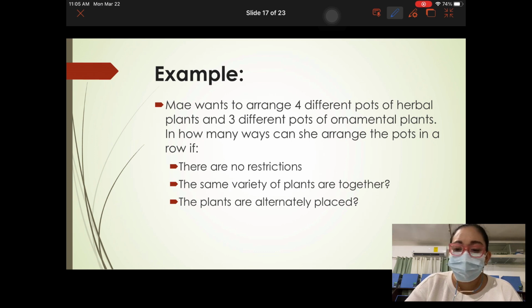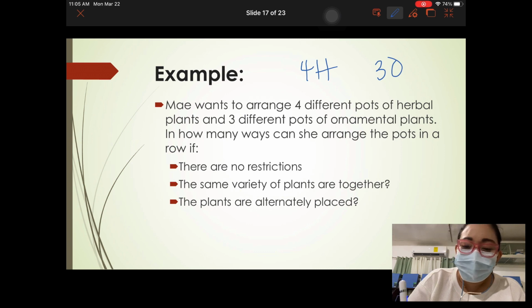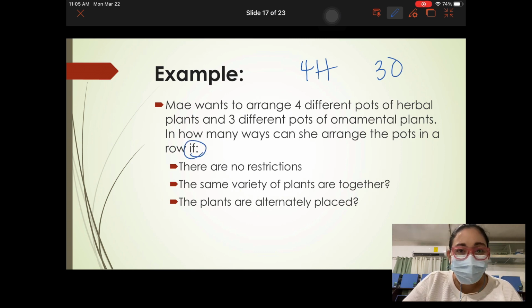We have 4 herbal and we have 3 ornamental plants. In how many ways can she rearrange the pots in a row if? So if you notice, meron na tayong conditions that we have to satisfy. Okay, so now you have to pay attention because sometimes this is what makes the permutation a permutation. There's a specific rule or a specific condition that you have to follow.